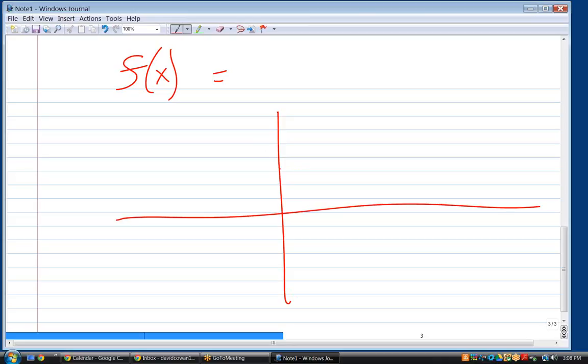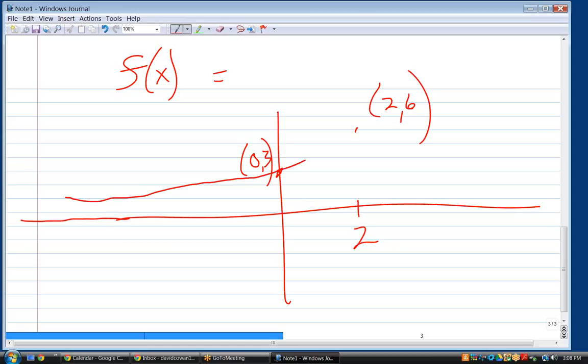Okay, 0, 3. So it passes through that. And it also passes through 2, 6. We're supposed to find the exponential function.